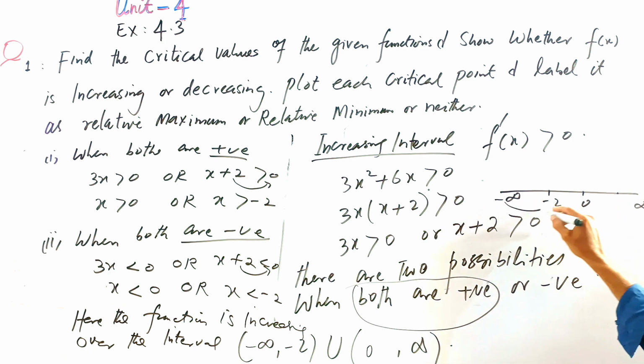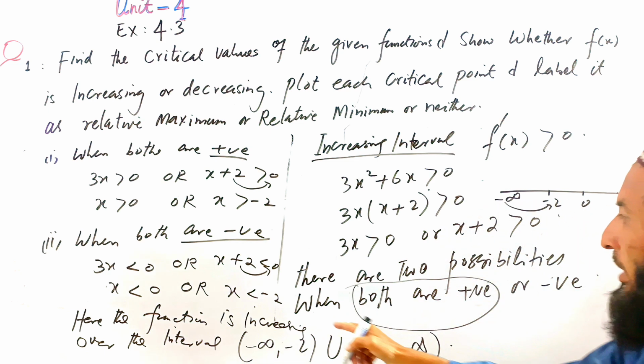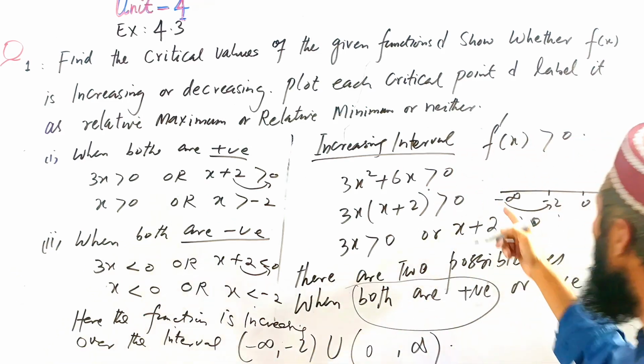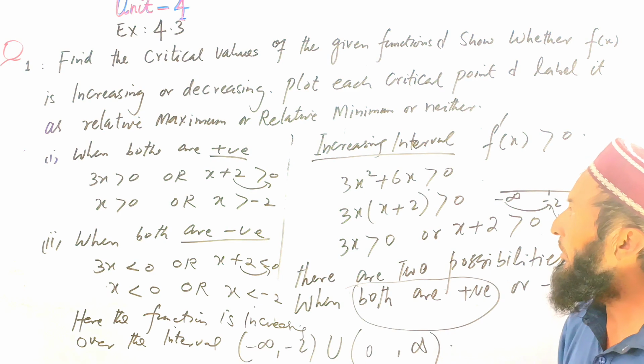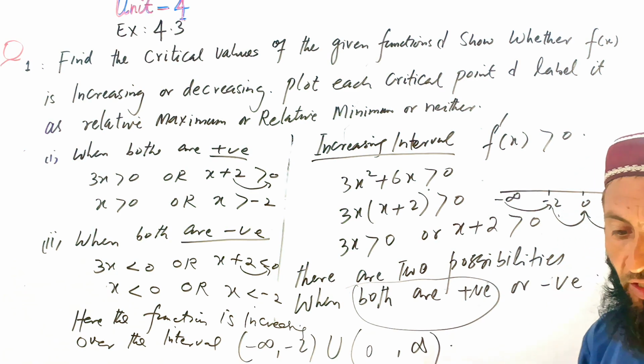So the function is increasing over minus infinity to minus 2, and 0 up to infinity. That is the increasing interval.